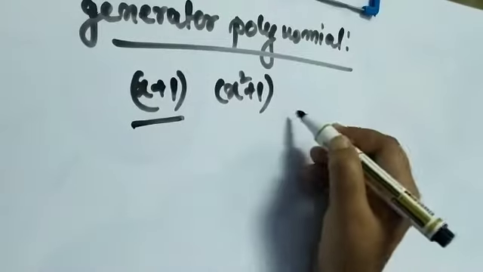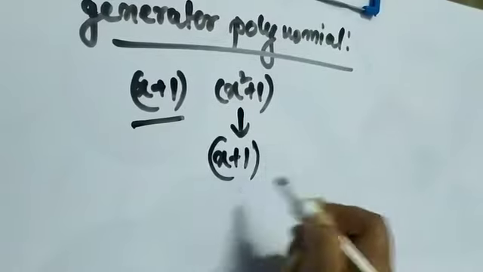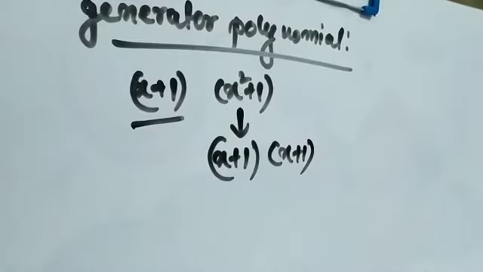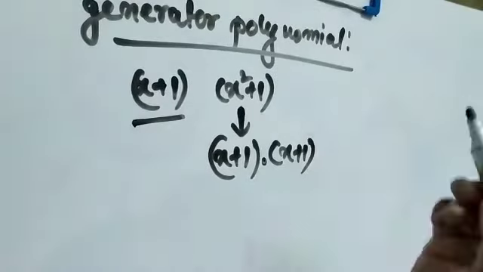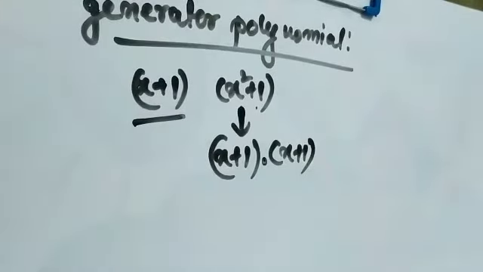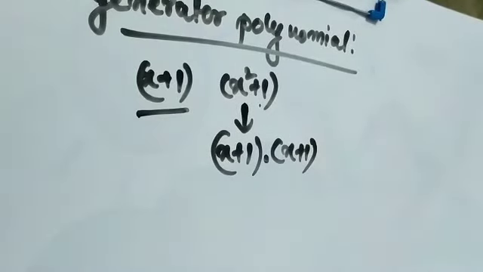That means if we divide it, it becomes x plus 1 and x plus 1. That means x plus 1 and x plus 1 when multiplied will create this. Therefore, it cannot be a generator polynomial for any code. Likewise, a generator polynomial is that polynomial which cannot be further subdivided into another polynomial.